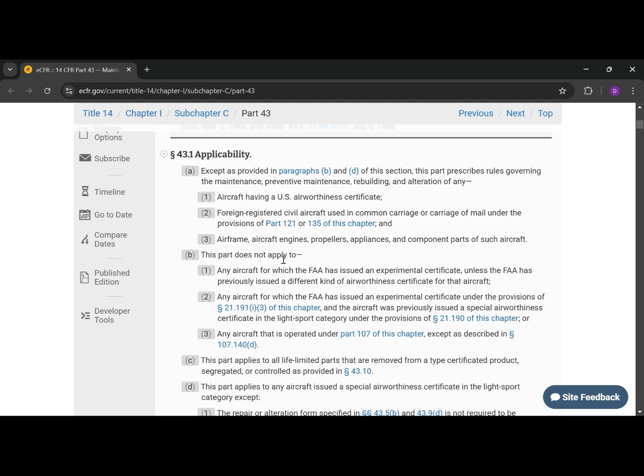This part does not apply to any aircraft for which the FAA has issued an experimental certificate unless the FAA has previously issued a different kind of airworthiness certificate for that aircraft.